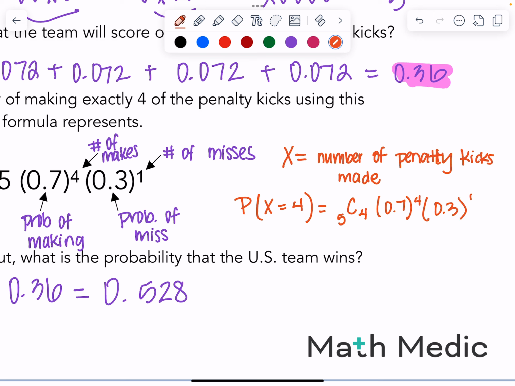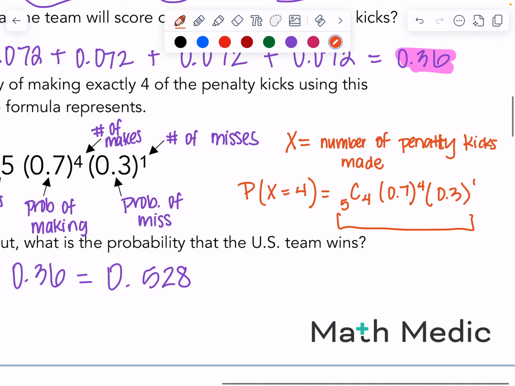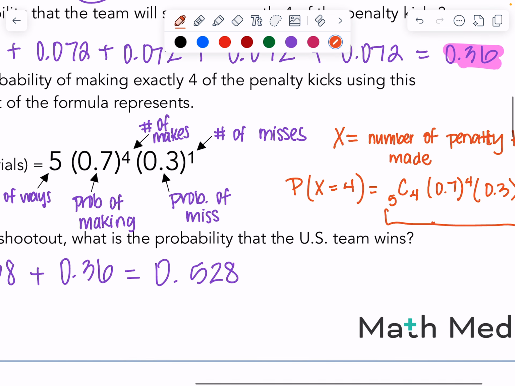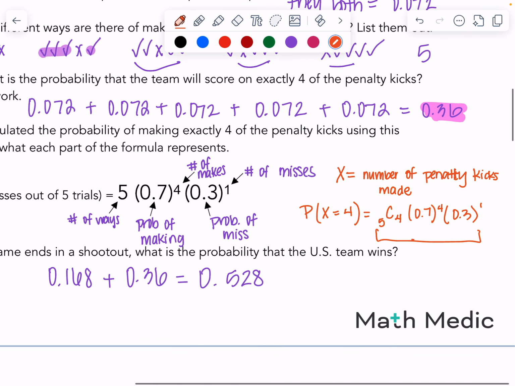So in short, you can type this in as long as you know that it's 5 choose 4, and you know your probability of success, probability of failure, the number of successes, the number of failures. Then you can just type that into your calculator, and it is going to give you this probability. You type that in, and it's going to give you the 0.36 that we calculated earlier.